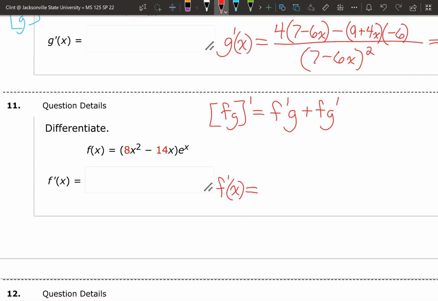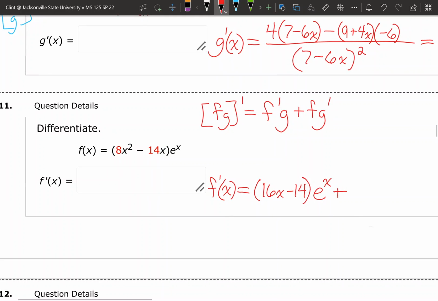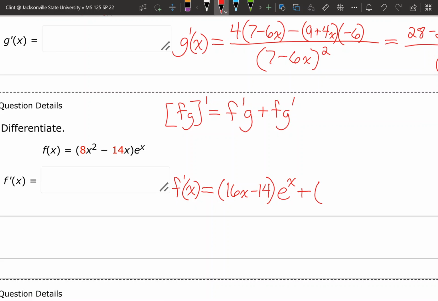So derivative of our first one, the polynomial factor there, we'll have 16x minus 14, times the second function, which is e to the x, plus the first one, so 8x squared minus 14x, times the derivative of e to the x, which is e to the x.